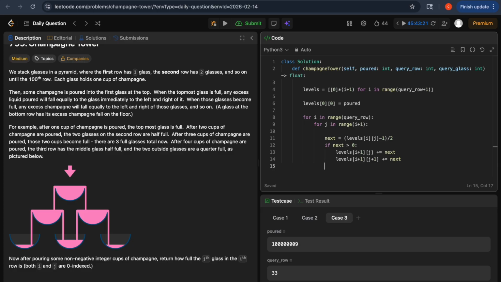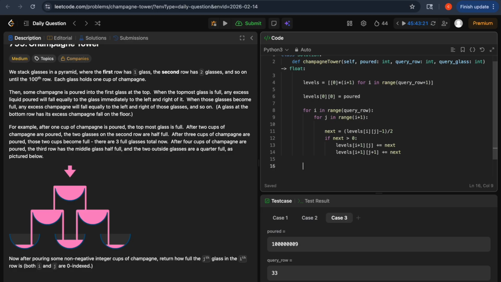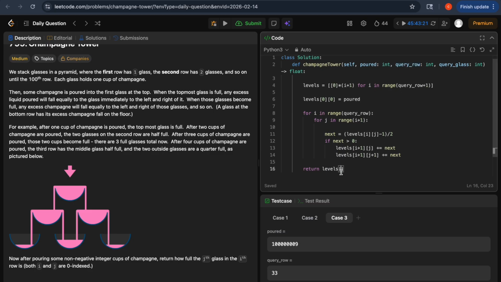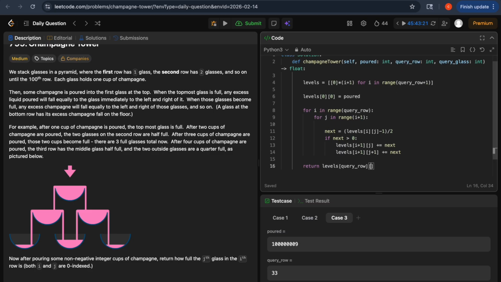Then that is it. We can go and return levels of the query row and query class.